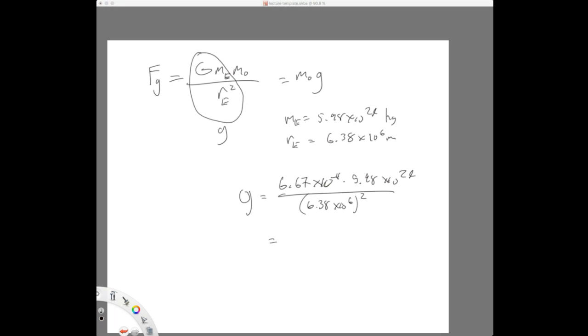We put all that into our calculator, we get 9.799 meters per second squared.